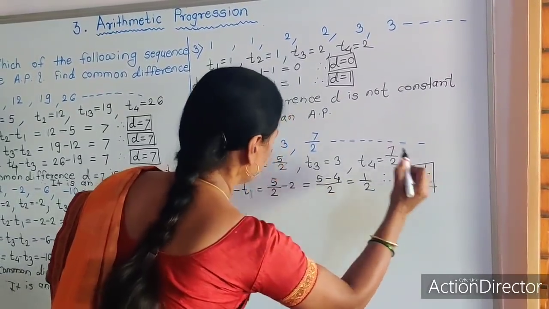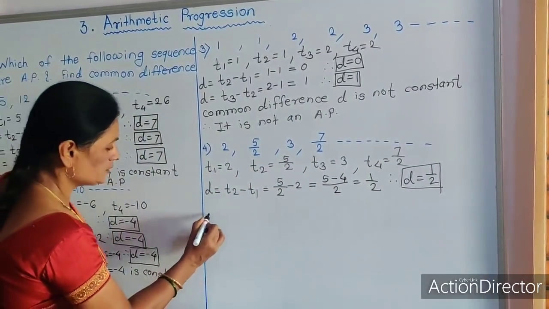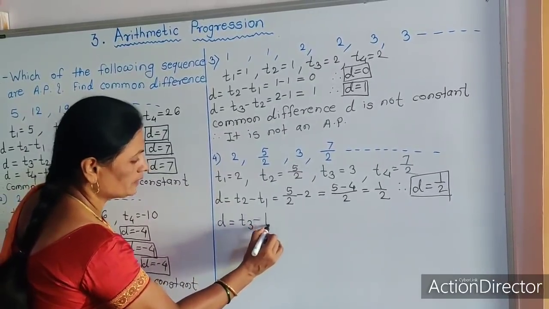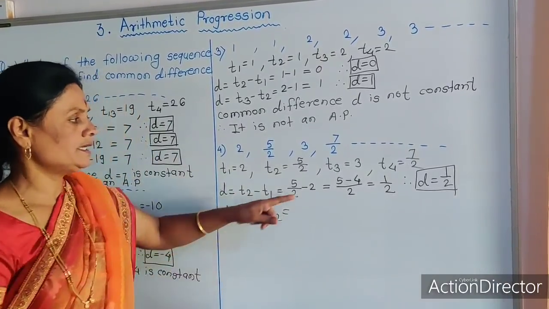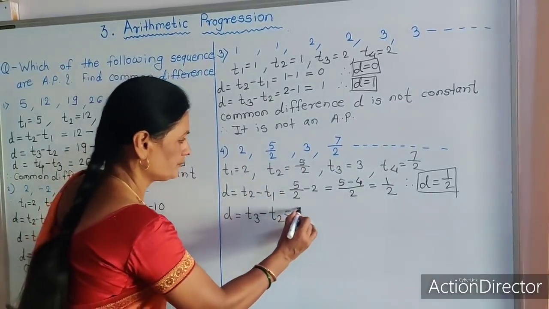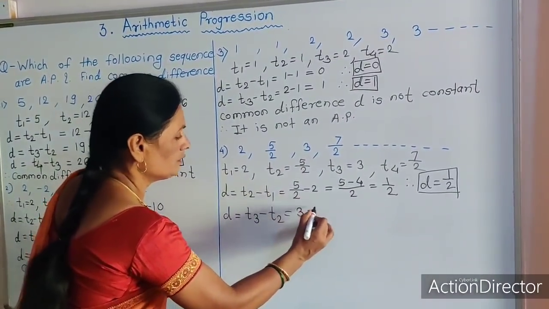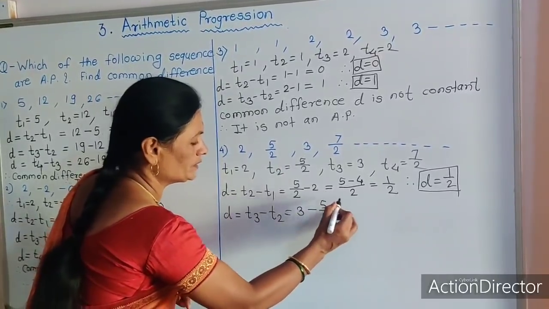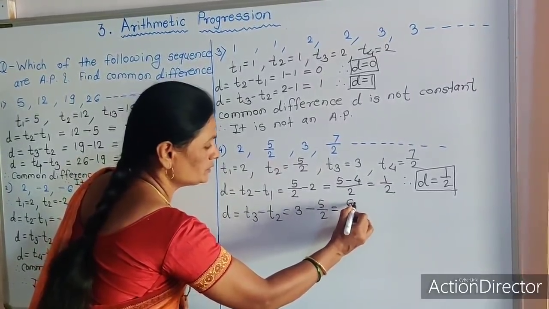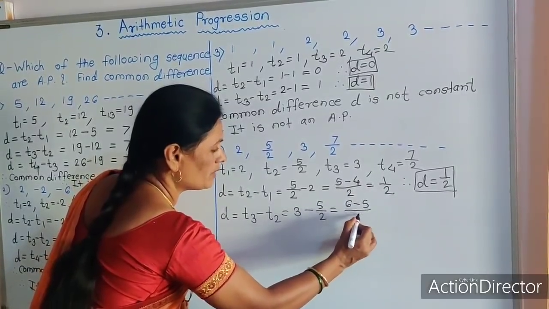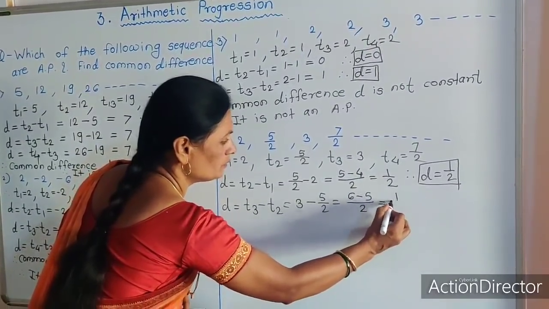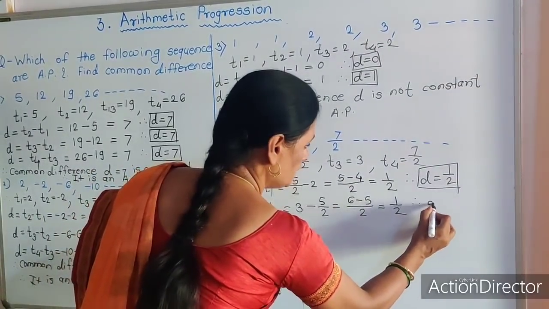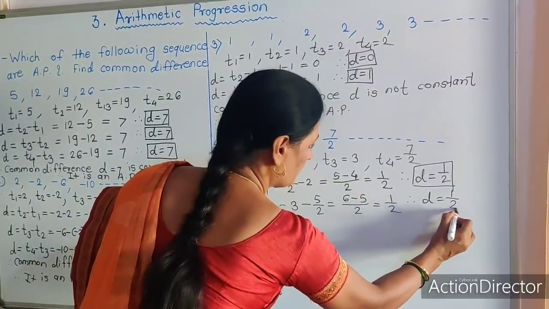Look here. Next, D is equal to T3 minus T2. T3 is 3. 3 minus 5 upon 2, that is by cross multiplication, 3 into 2, 6 minus 5 upon 2 is equal to 1 upon 2. Here also D is equal to 1 upon 2.